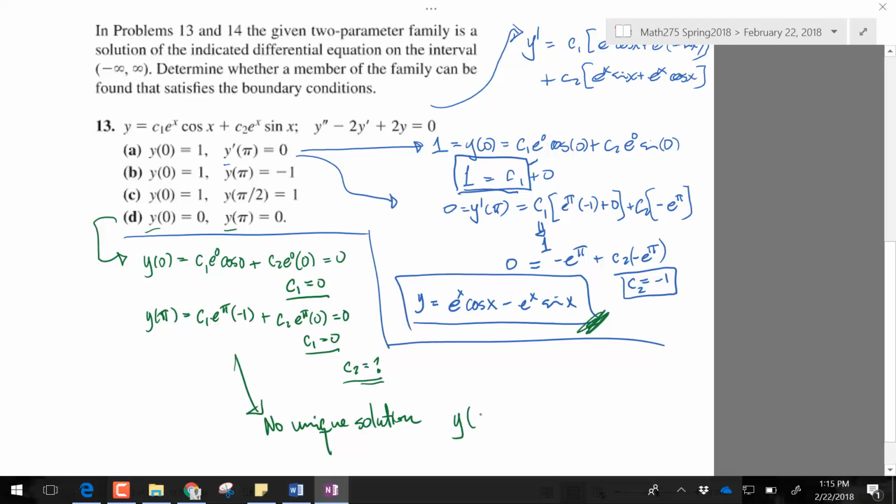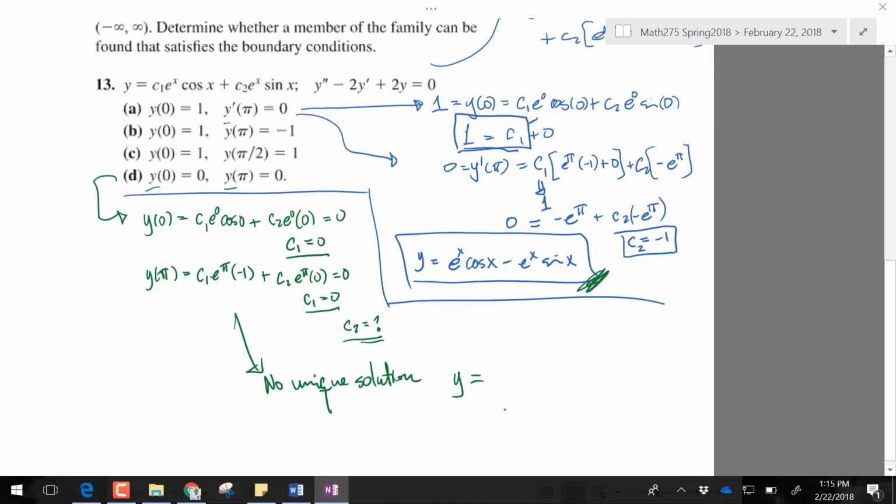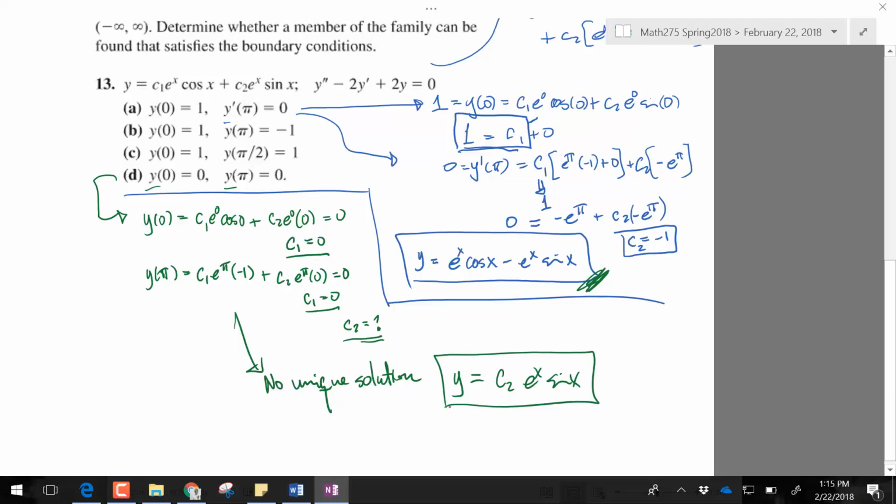We'll say y is equal to, so c1 has to be equal to 0, so that just means we have c2 e to the x sine x would be our solution. But then since c2 can be anything, that's an infinite number of solutions that we can have.